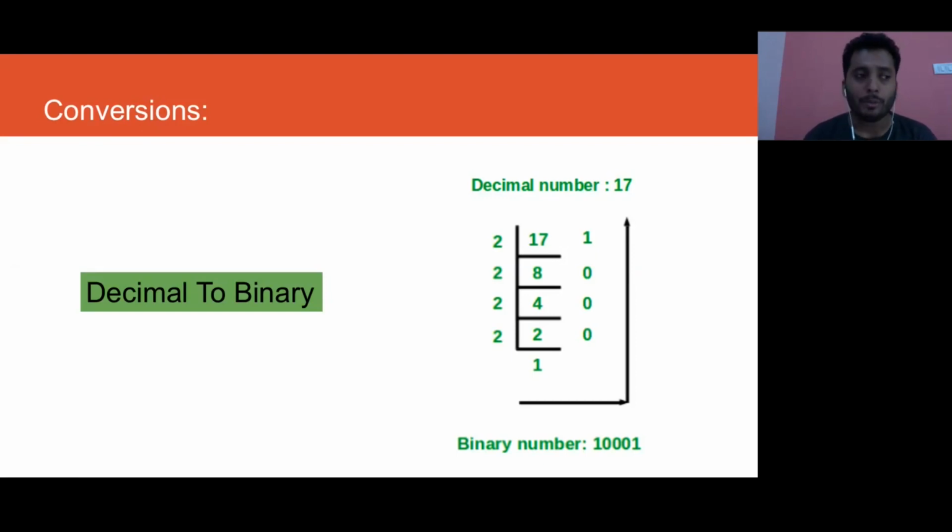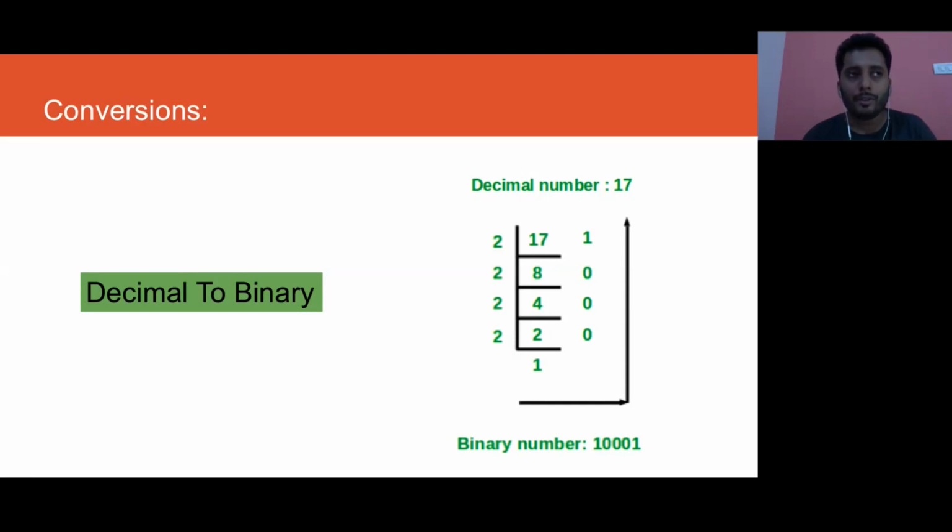Normally in our real life, when we use numbers, we use the decimal number system, say 1, 2, 3, 4, 17, 18, 19, 20, 25 and all those things. But during programming, the computer can only understand binary numbers, not any other format, right?